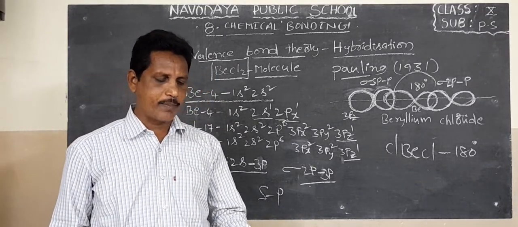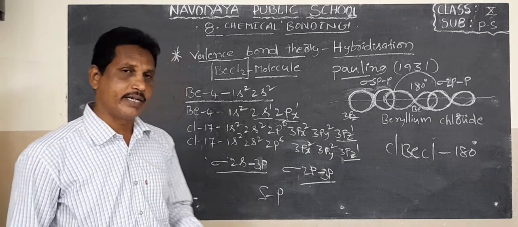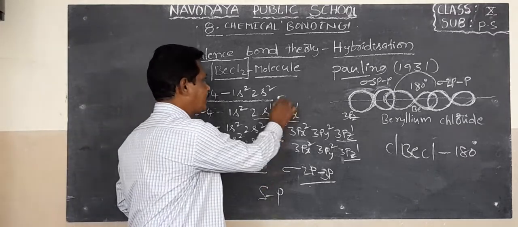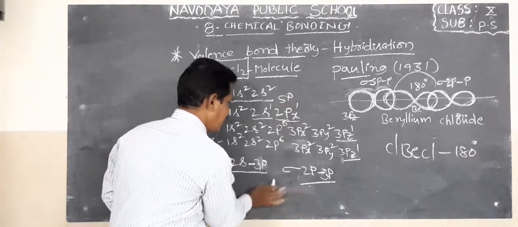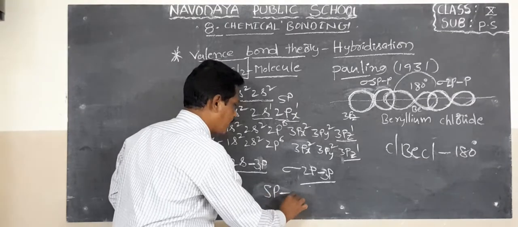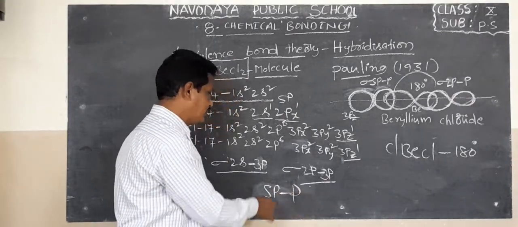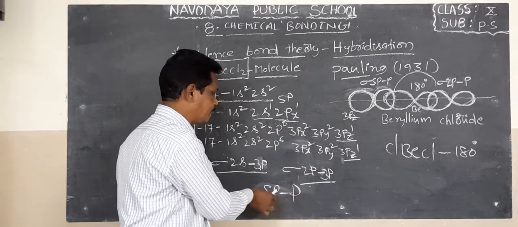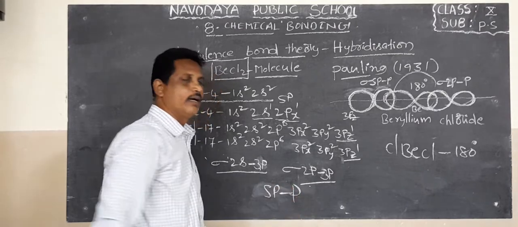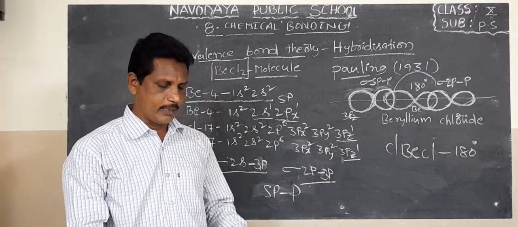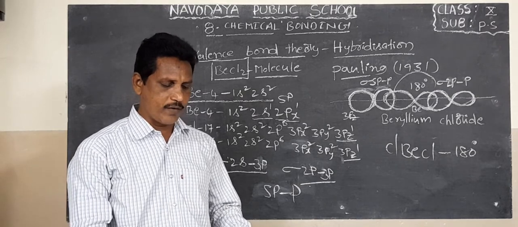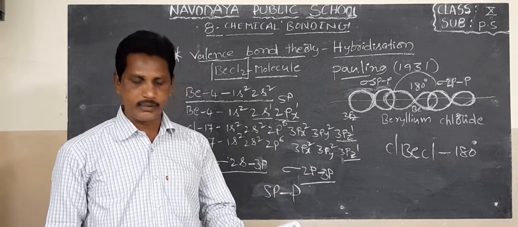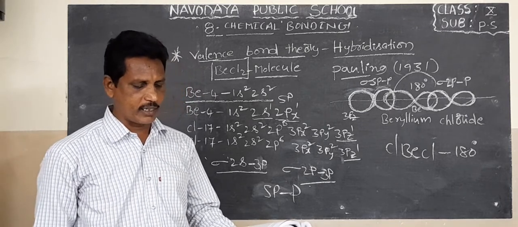The two sp orbitals of beryllium are separated by 180 degrees.